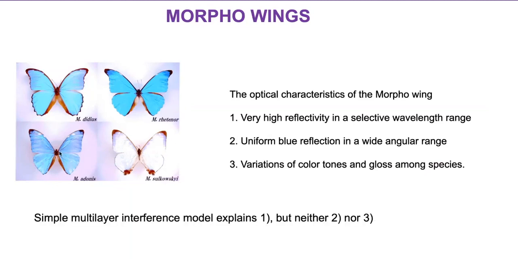So how to explain this pattern or differences in the color, ability to see, and the transparency? A simple multilayer like I showed for Japanese jewel beetle can explain why we have high reflectivity. Only reflectivity can be explained, but we cannot explain uniform coloration or variation of color among species.